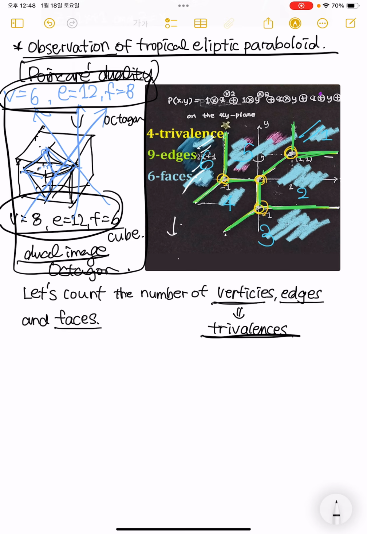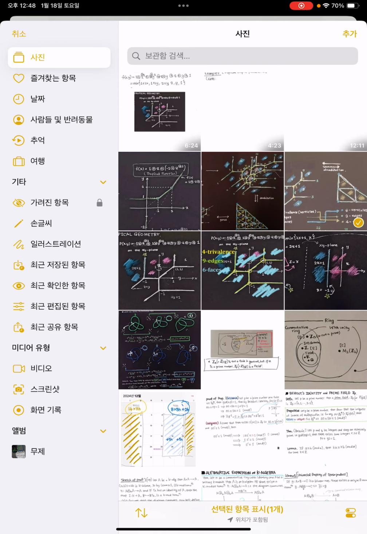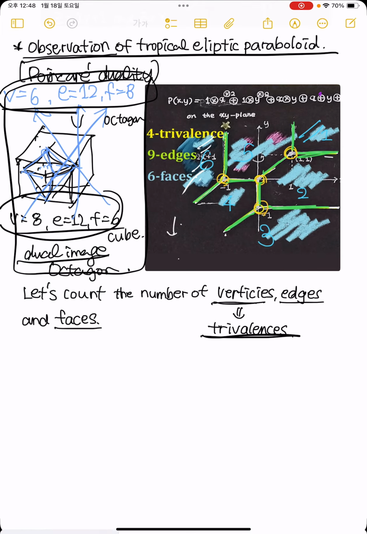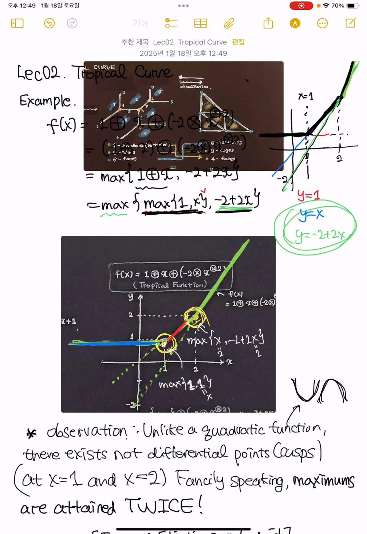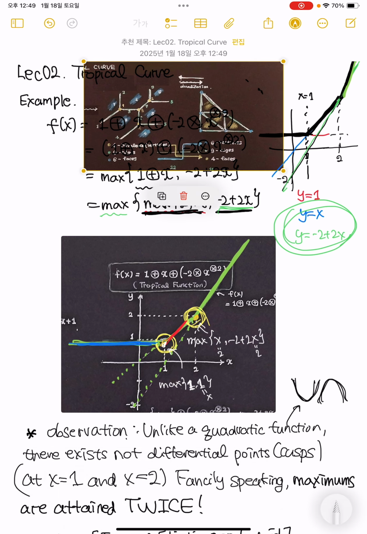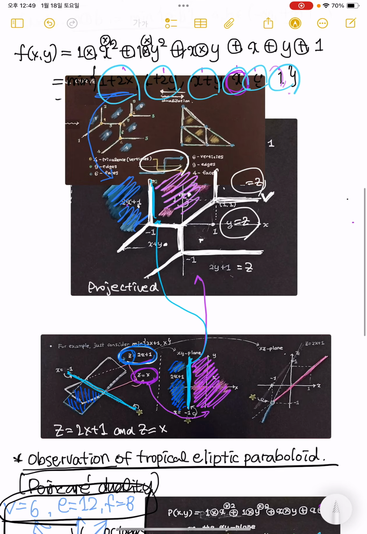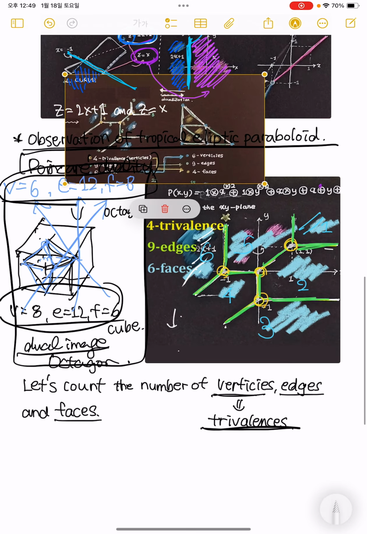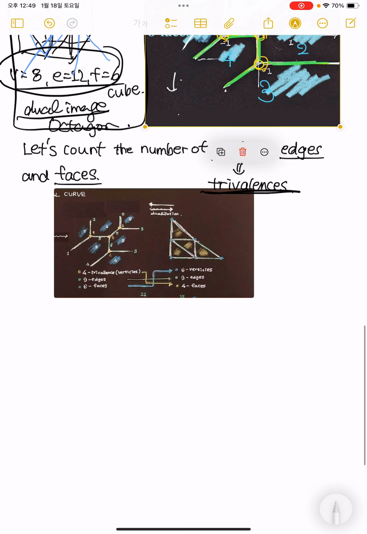Then we obtain the so-called dualization.